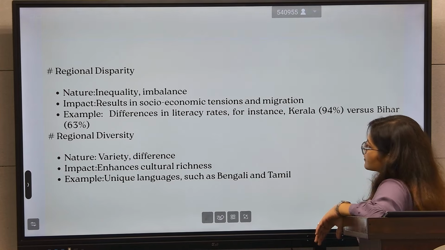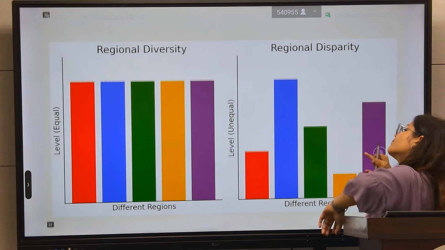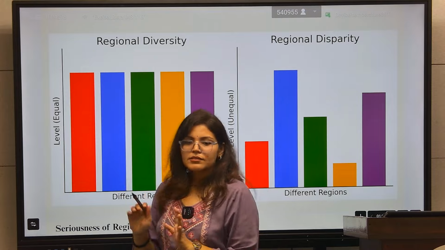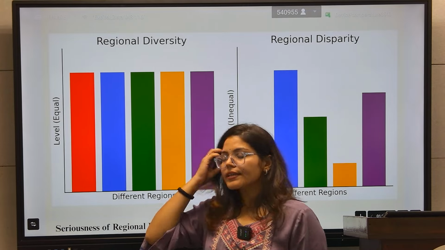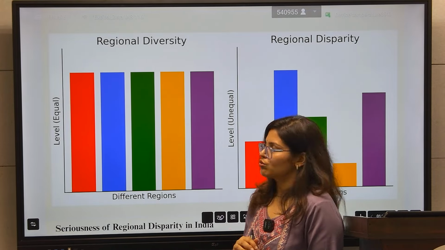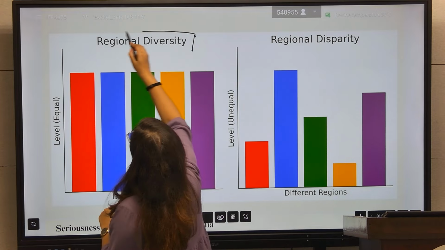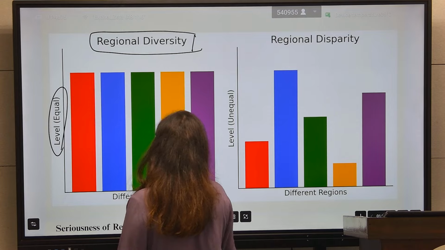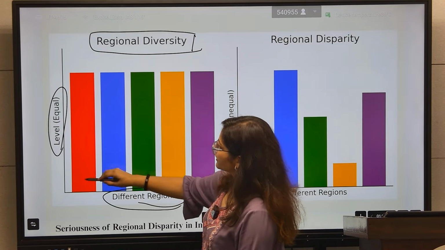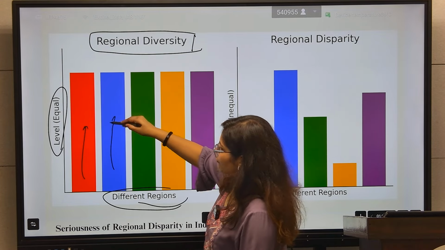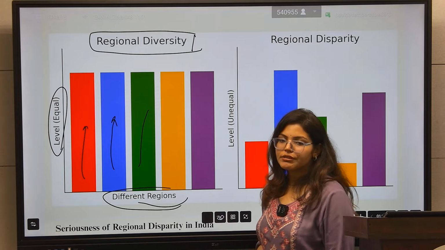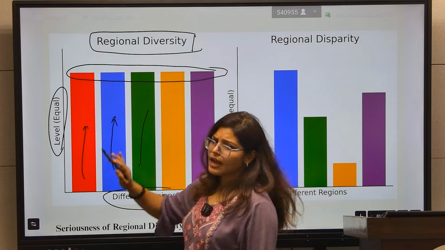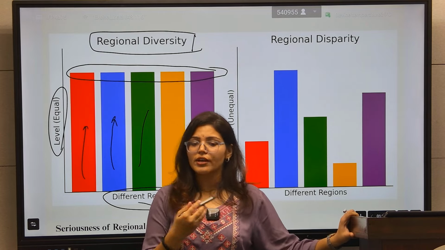Now, if space is left, as this is a 15-marker question, you can give a graphical representation also. This graph is of regional diversity: here is equal level, and here are different regions, with different languages, different cultures, different religions. The levels are the same, so they are not resulting in inequality or imbalance.